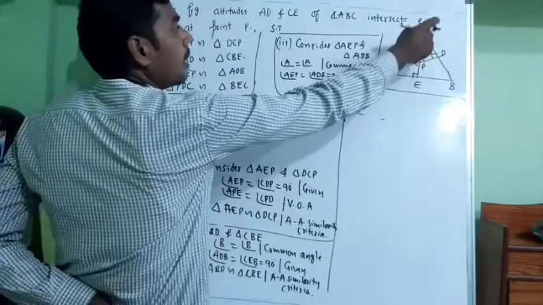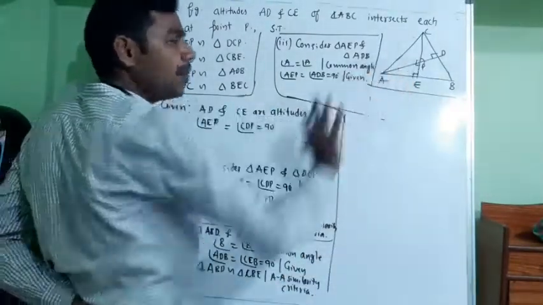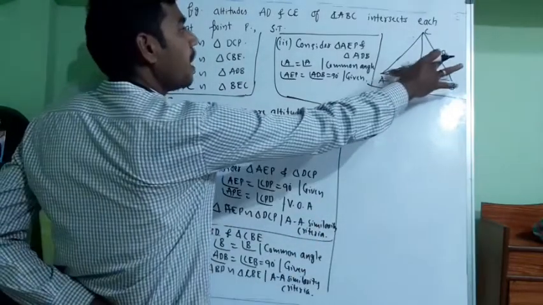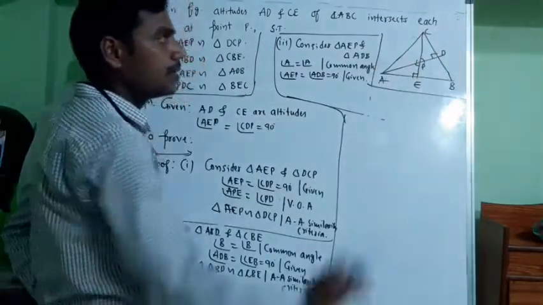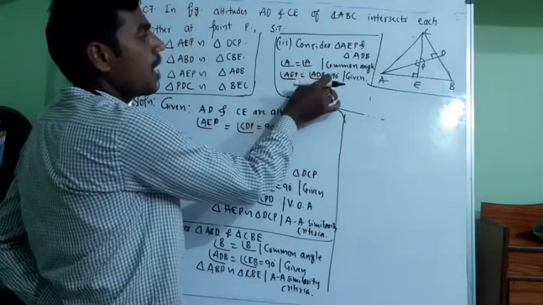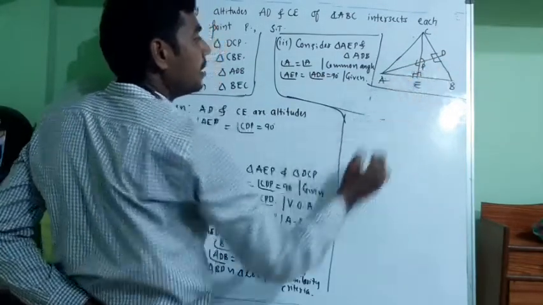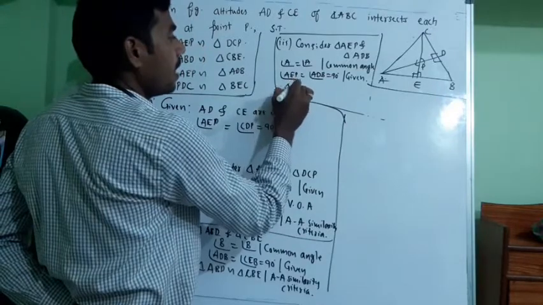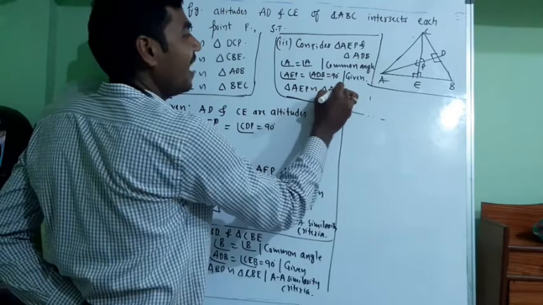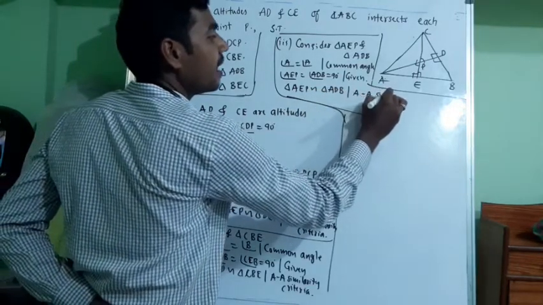Since P is on line CE and CE is an altitude, PE will also be an altitude. And in the case of AD, point P is on AD, so PD will also be an altitude to side BC. That is the reason angle AEP is equal to angle ADB is equal to 90 degrees. So again, triangle AEP is similar to triangle ADB. This is because of AA similarity criteria.